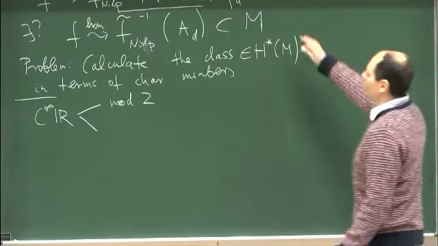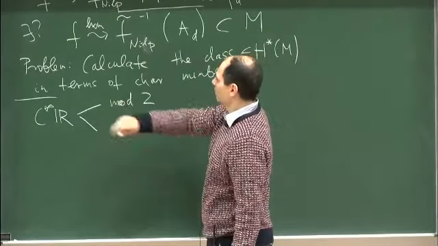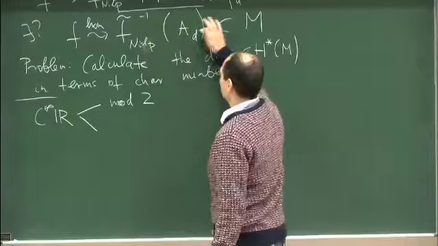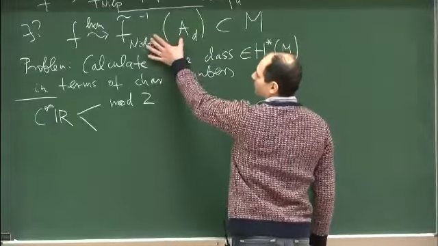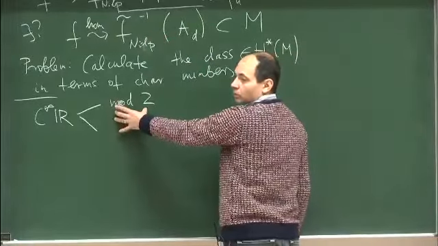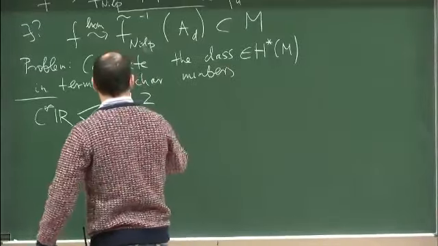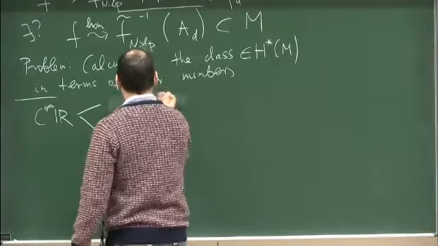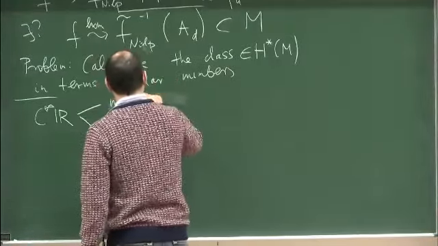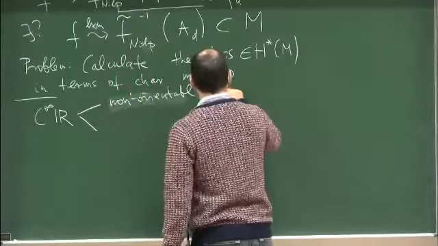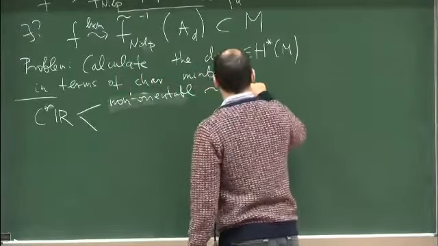So if I do all these things over the real case, where this homotopy business does make sense, then this indeed defines a cycle which will have a class in the mod 2 cohomology of M. So this is well defined. Sorry, I meant here non-orientable. So then this gives you the mod 2 cohomology.